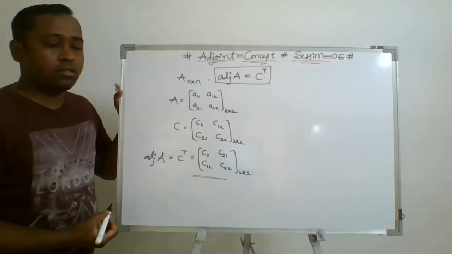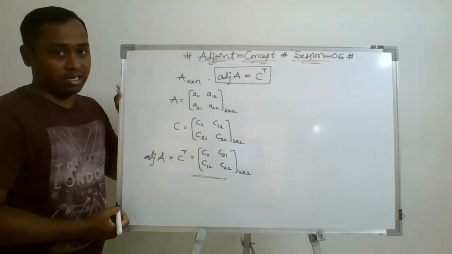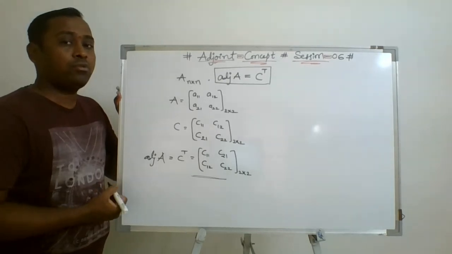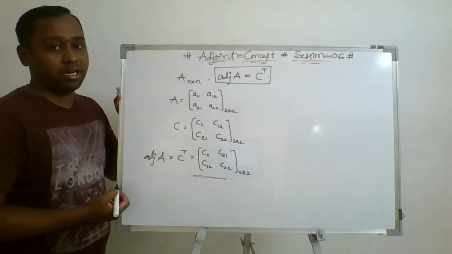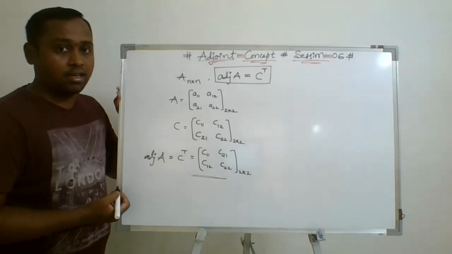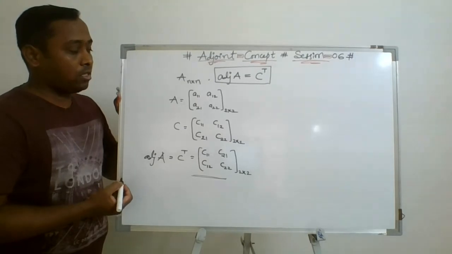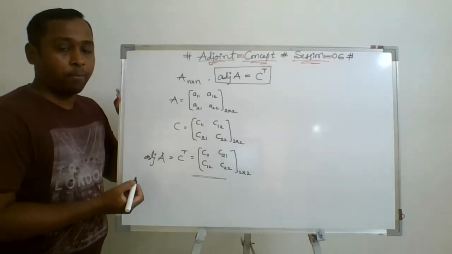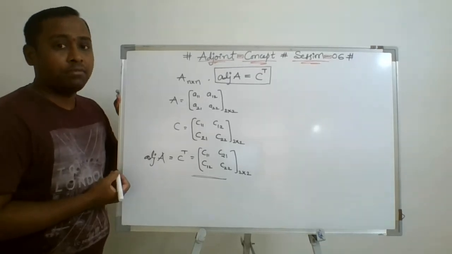Now, what is the purpose to discuss this adjoint matrix? That is a question. We are going to use this adjoint matrix to find the inverse of the matrix if it exists. Again, the condition is if it exists. So first, how to find the inverse with the formula, and how that formula came, we are going to understand first.